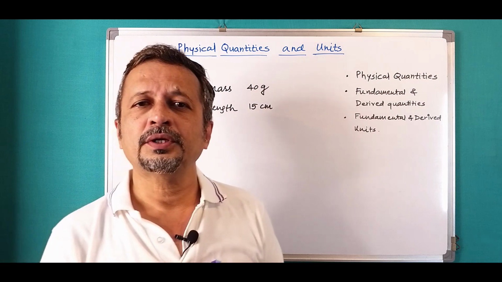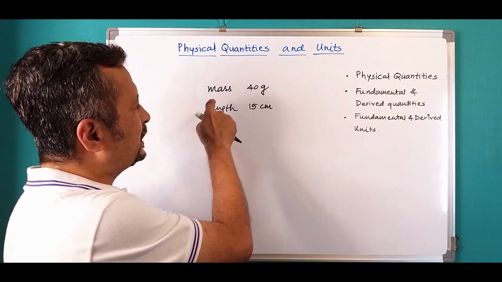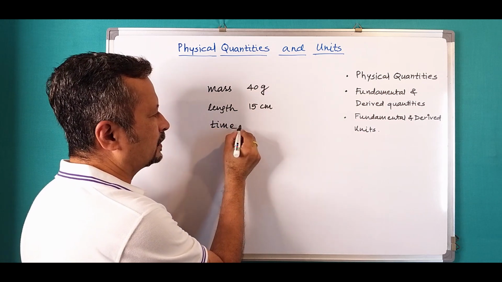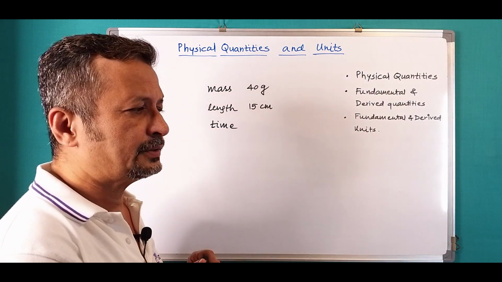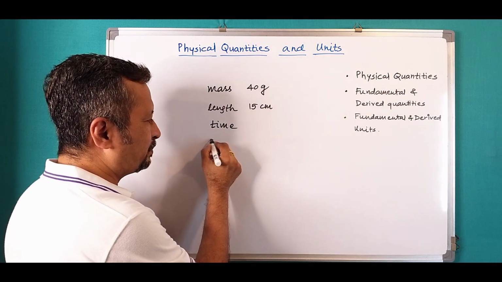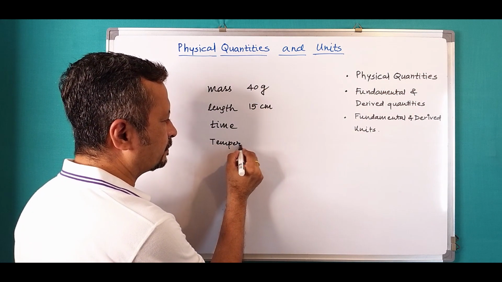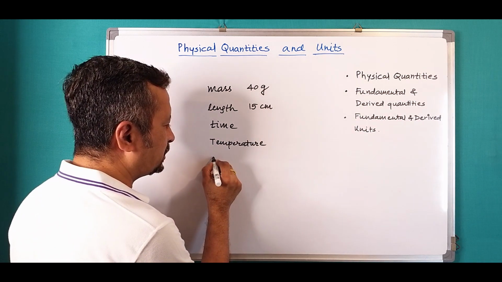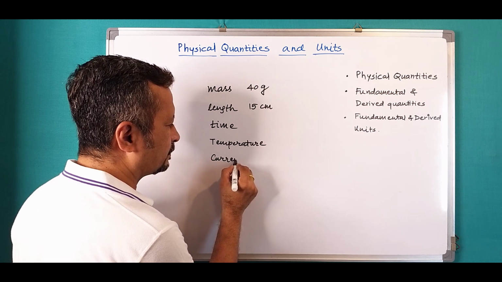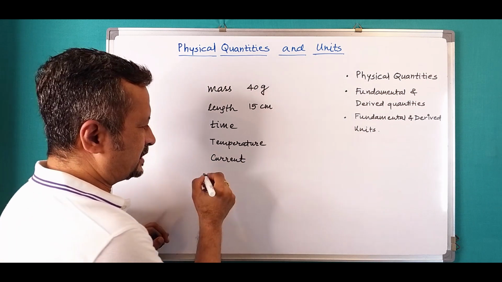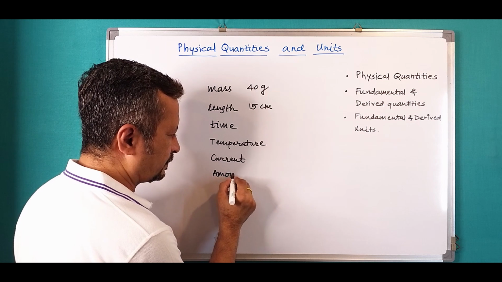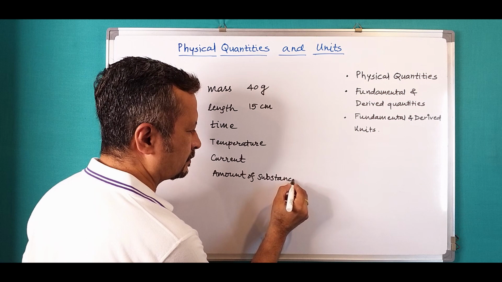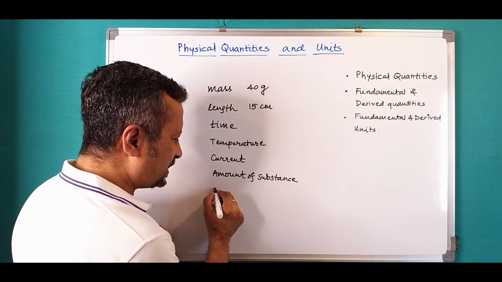Let us list down the fundamental quantities. Length is there, mass, then time is a fundamental quantity, then temperature, current flowing through a conductor, amount of substance, and luminous intensity.